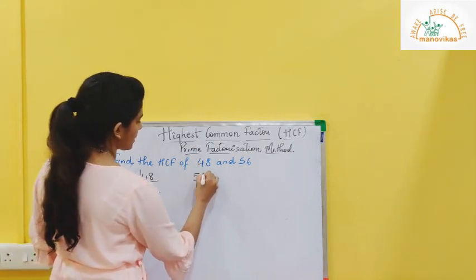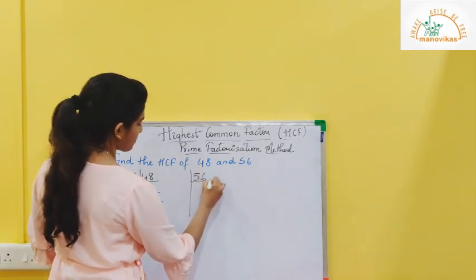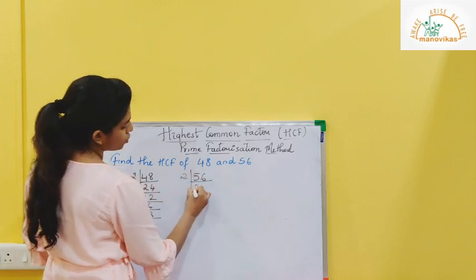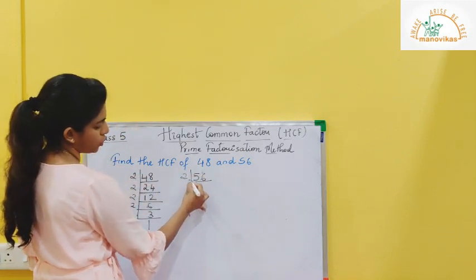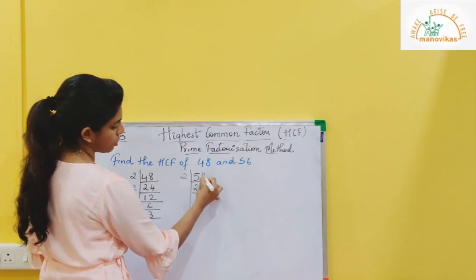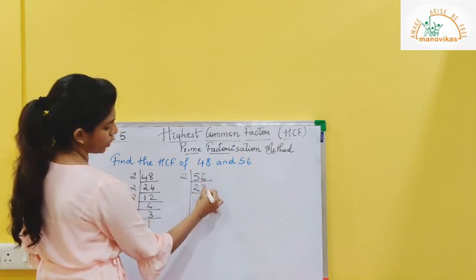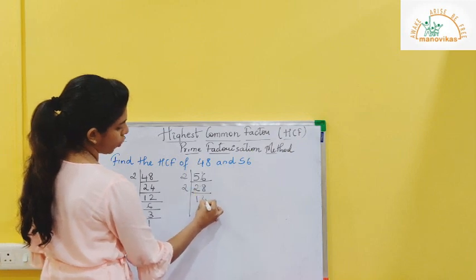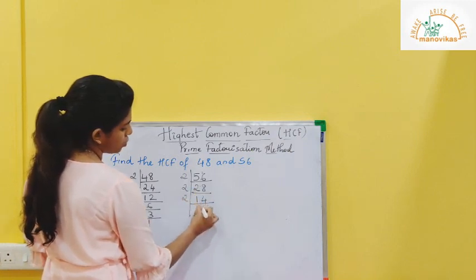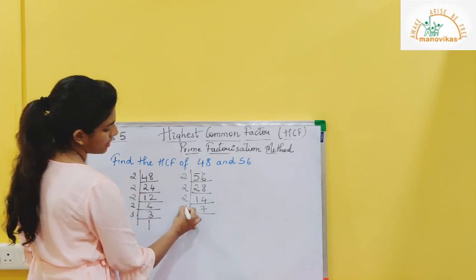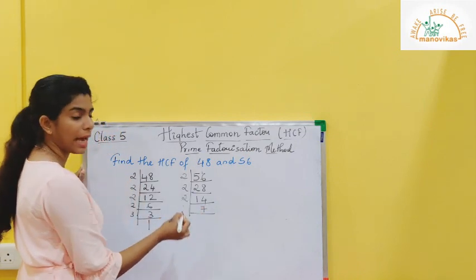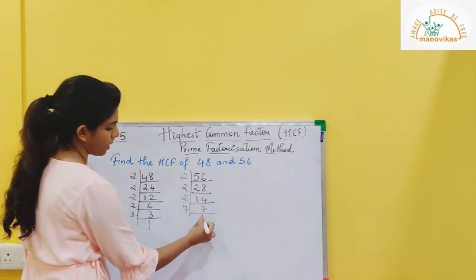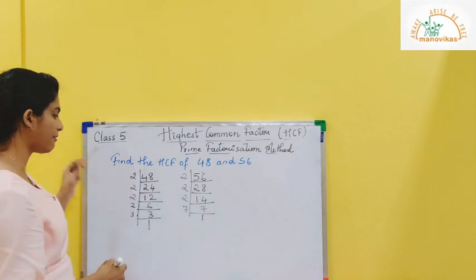Next number is 56. 2 2s are 4, 1 carry forward. 2 8s are 16, because I got 16 here. 2 1s are 2, 2 4s are 8, 2 7s are 14, and 7 is a prime number, so I write 7 1s are 7. Now you got all the prime factors.